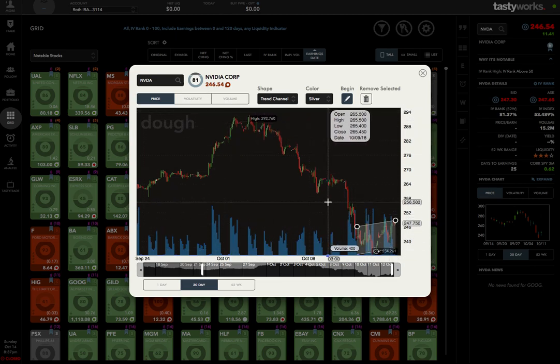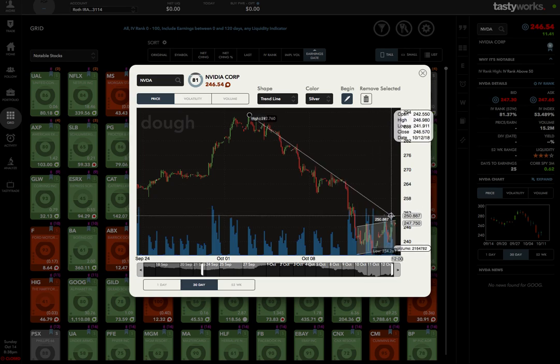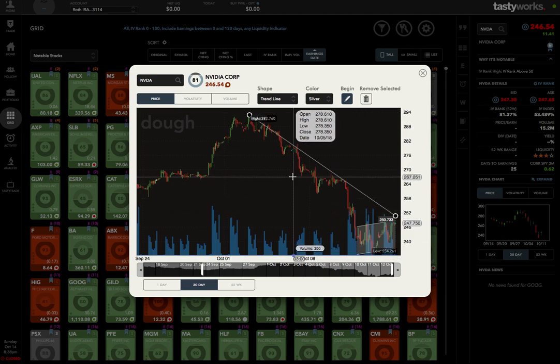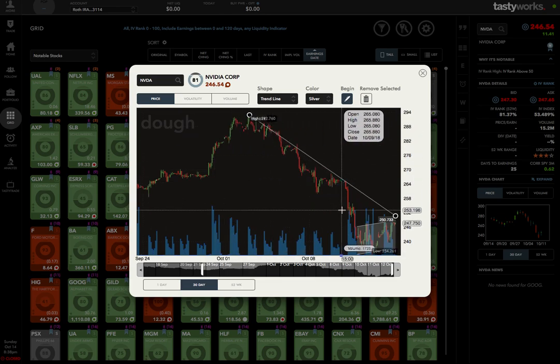Okay, it doesn't give you that many options for drawing tools. You know, trend line, trend line and channel. So it doesn't give you that many options, but it's a little chart.